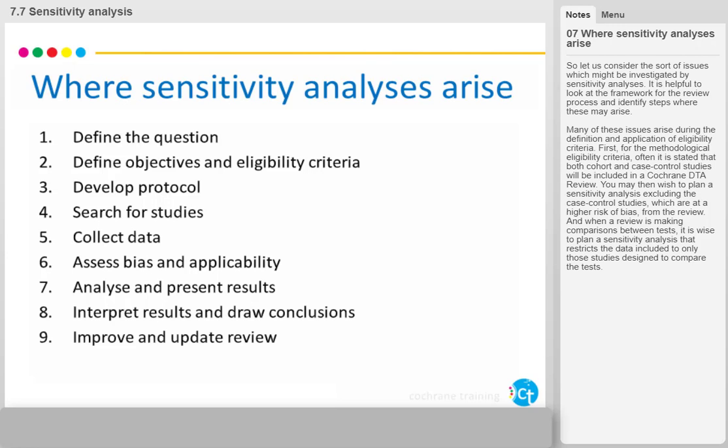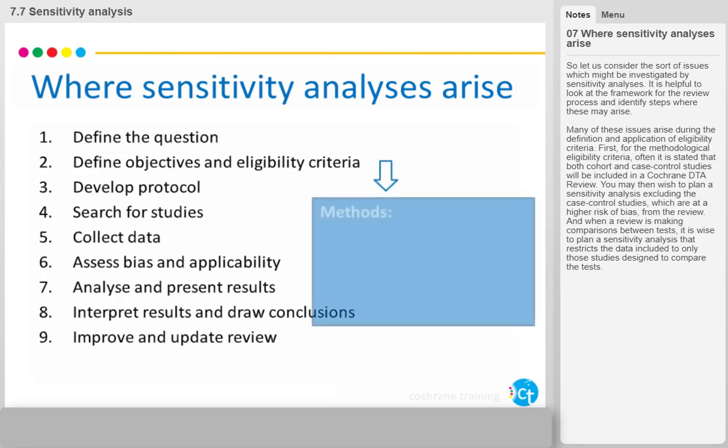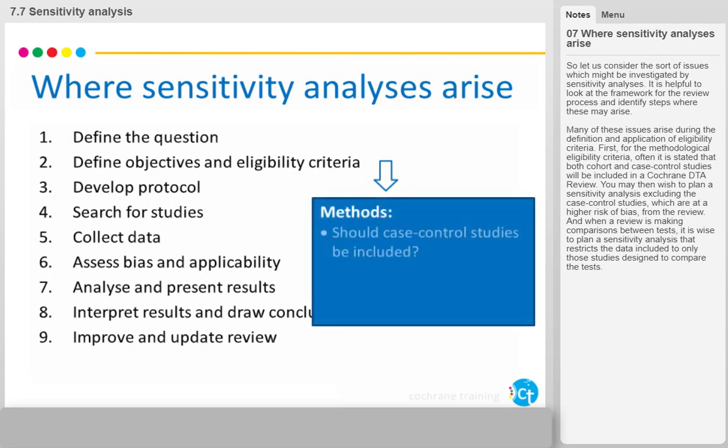So let us consider the sort of issues which might be investigated by sensitivity analyses. It is helpful to look at the framework for the review process and identify steps where these may arise. Many of these issues arise during the definition and application of eligibility criteria.